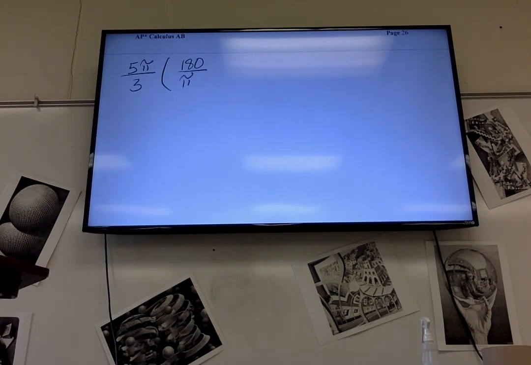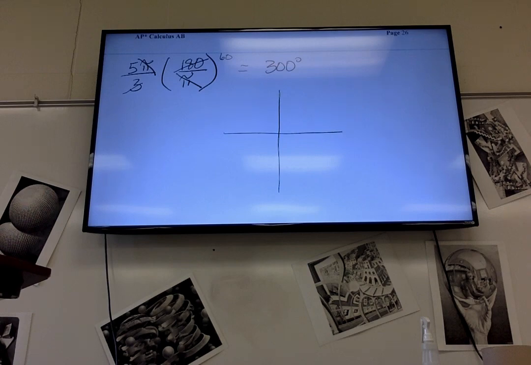We are going to go with probably this is not a calculator problem. 5 pi over 3, we would multiply by 180 over pi to get it into degrees, so it's something we're more used to seeing. The pi's will cancel. 3 will go into 180 how many times? 60. And what's 5 times 60? 300. Good.